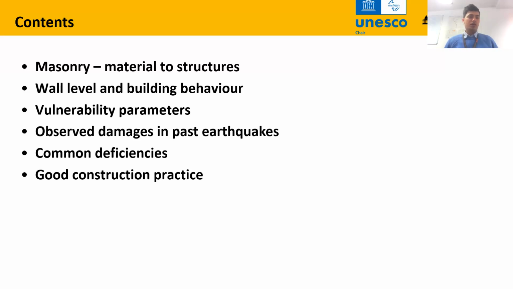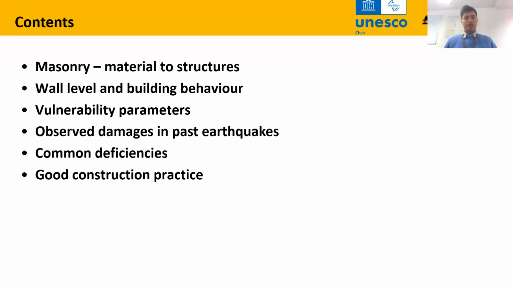So this is the content of my presentation. I will briefly introduce what is masonry, what are the wall level and building level behavior, what are the vulnerability parameters within masonry buildings, and the construction practices.